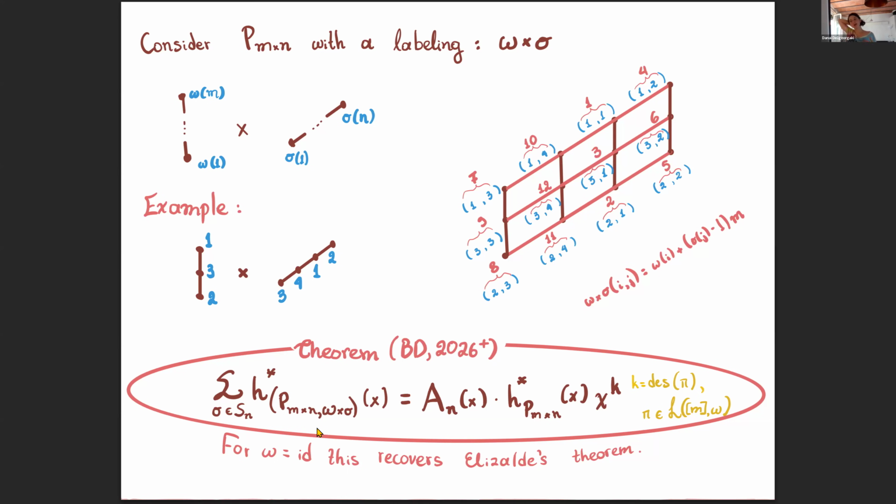And in particular, for the identity labeling, this is exactly the theorem I was talking about before.